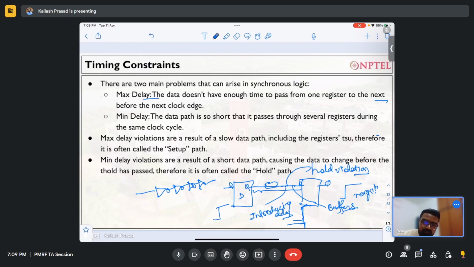Yes. We will increase the paths. Can you elaborate on that? By combining two chips. You cannot do that, because inside a chip there are paths where the hold violation is occurring.